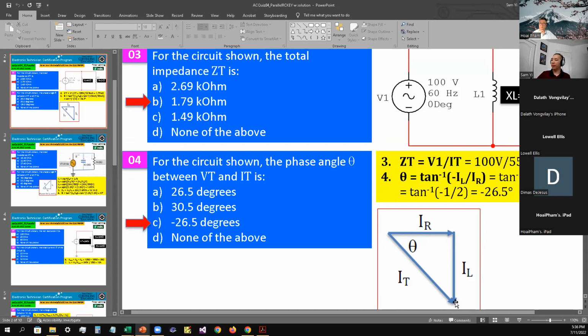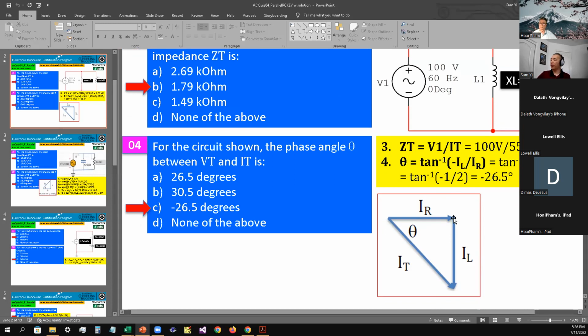Okay, that is from the handout from Mr. Pham that went over the RL. So therefore the current of the inductor is pointing downward, and the current of the resistor would point to the positive x-axis.